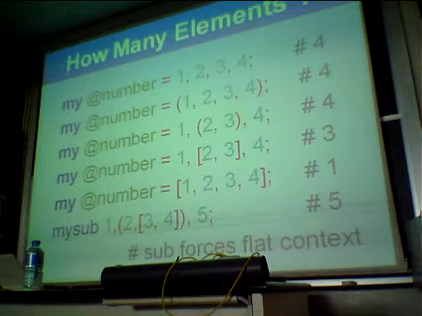Because in this context, it just flattens out. The one thing you didn't know is that this array gets flattened out, because that really forces flattening. But other than that, you're completely right. Yes.